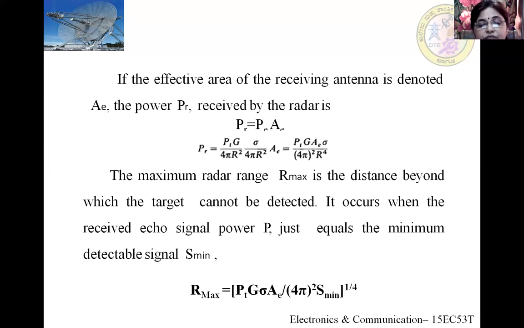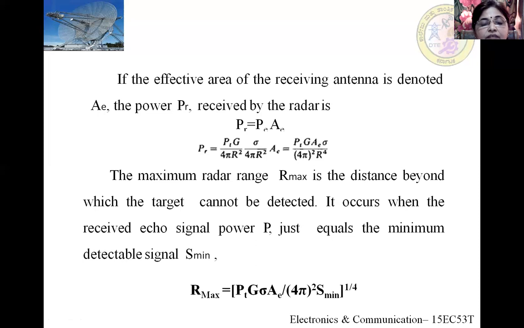It will result in the equation: the maximum range R max is equal to the fourth root of Pt G sigma AE divided by 4 pi the whole square into S minimum. Here Pt is the transmitted power, G is the gain, sigma is the area of the target, AE is the area of the receiving antenna, and S minimum is the minimum detectable signal.